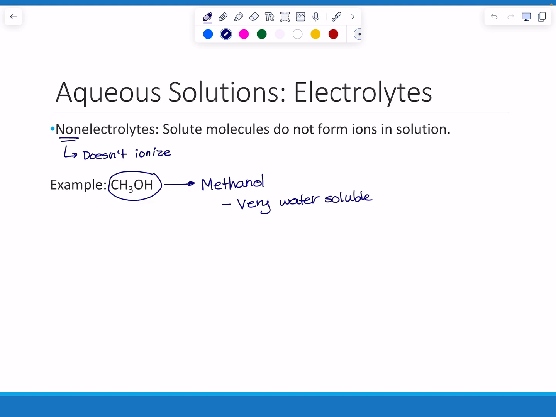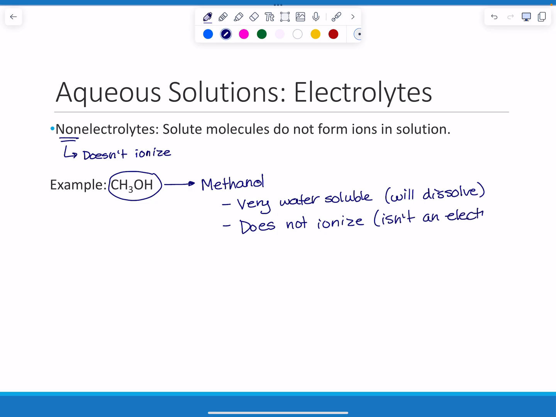So that means it will dissolve, but it does not ionize, so it is not an electrolyte. When we put this into our beaker, every single molecule is going to remain CH3OH.